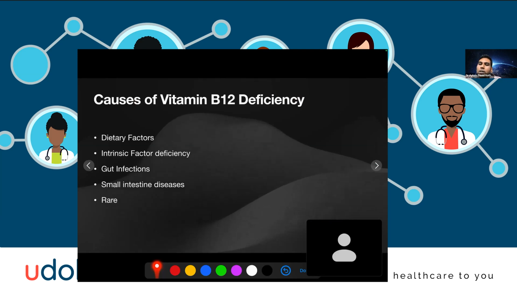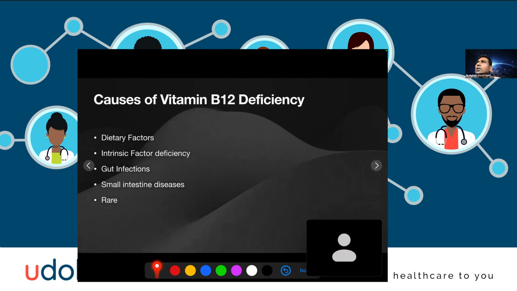Now, the first one we'll discuss is your dietary factors. Especially in our country, where we have many indigent patients who are coming from low socioeconomic backgrounds. These individuals don't have access to high quality meat products. It's mainly processed food. You're going to lose your nutritional value there. Sometimes even eggs, they don't have that.